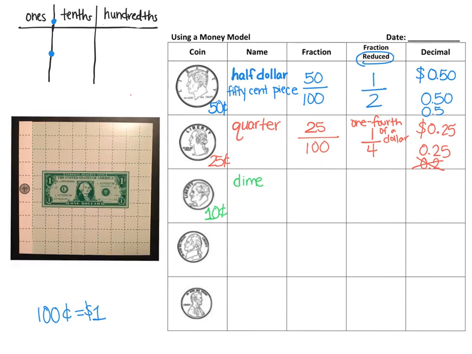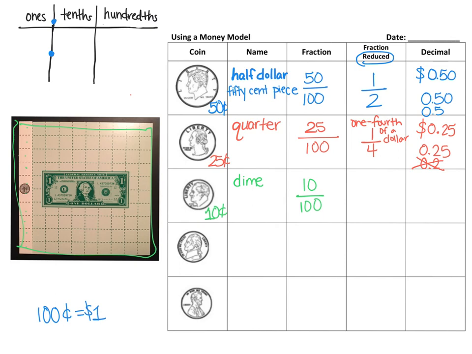So 1 dime, or 10 cents, is how much of a dollar in a fraction? There are 1, 2, 3, 4, 5, 6, 7, 8, 9, 10 squares that we're looking at out of how many total? How many total are in the money mat?